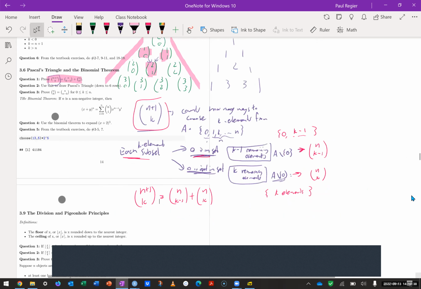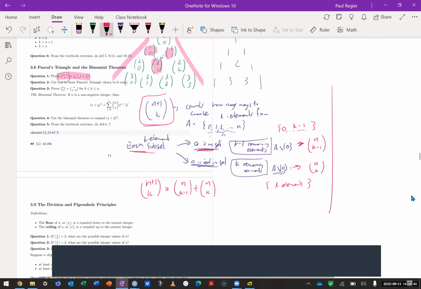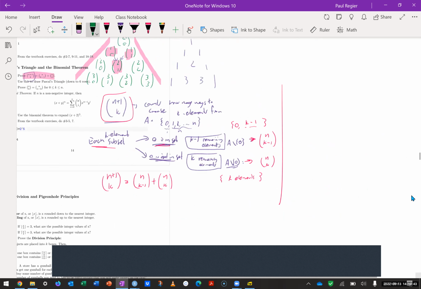But the really cool thing about these kinds of proofs is there's often many ways to do it. So I'll show you also an algebraic proof. So this is what we were doing in class. Okay, and we can count things in different ways and it's the same thing. So n+1 choose k is n+1 factorial over n+1 minus k factorial, k factorial. Okay, so that's something we can compare against.